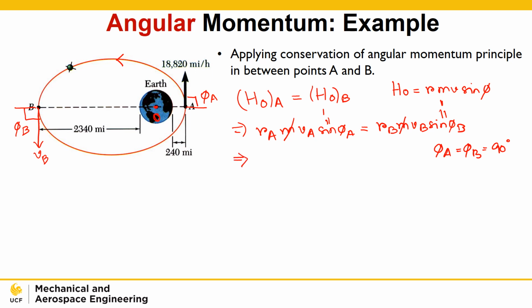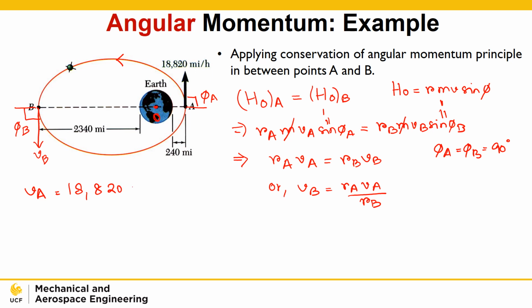The modified equation thus is r_A v_A is equal to r_B v_B. Or we can write v_B is equal to r_A v_A over r_B.